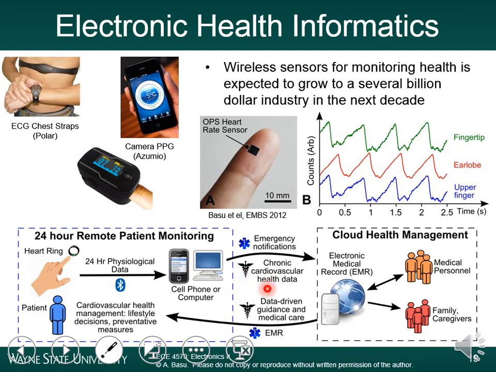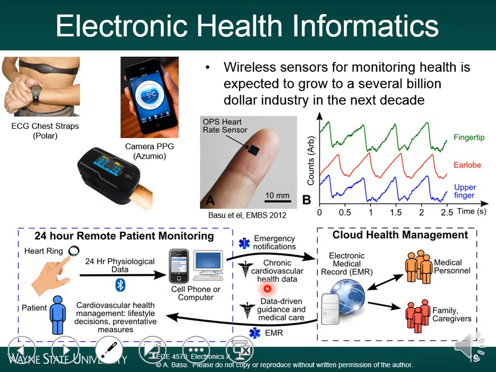Mobile health is the idea that instead of having all your doctor's procedures and diagnostics done at a hospital, you'll be doing them at home or even through your smartphone with various types of very small microelectronic devices. And some examples are out there already. You can think of things like Fitbit that does activity monitoring. There are heart rate monitoring watches right now that you can buy. There's a company called MyBasis that makes a watch that monitors your skin impedance, which correlates to stress levels.